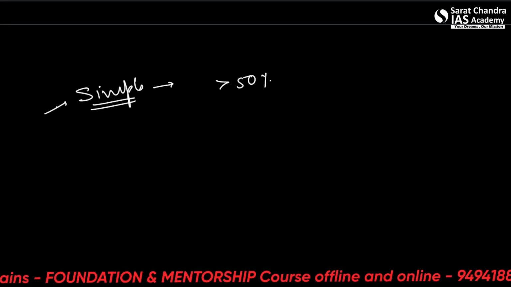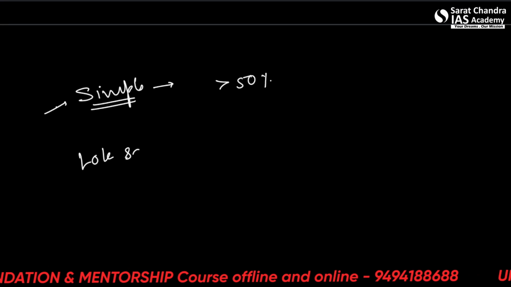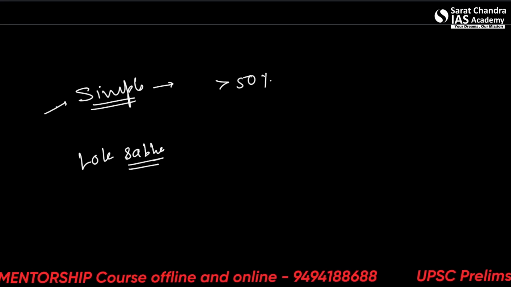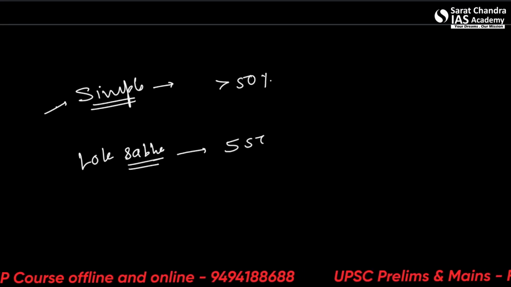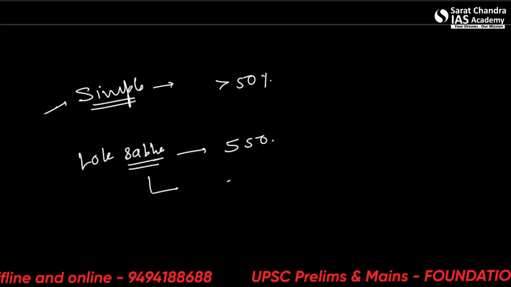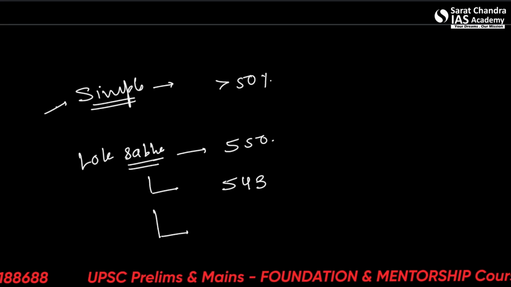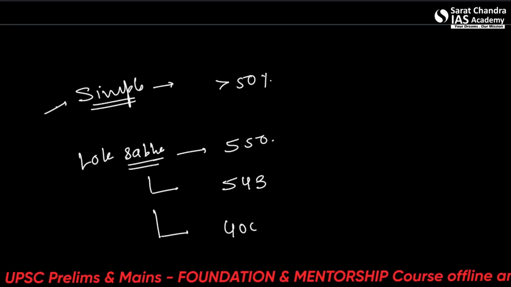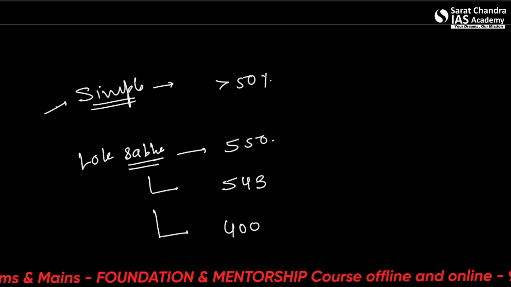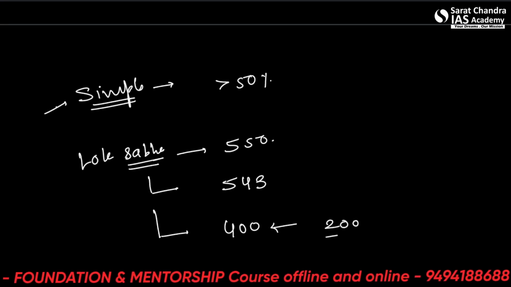So let's say we are talking about the Lok Sabha. Lok Sabha maximum strength 550, current strength 543. But on a certain day, whenever the act is being discussed, only 400 people were present. So 50% people would be 200.